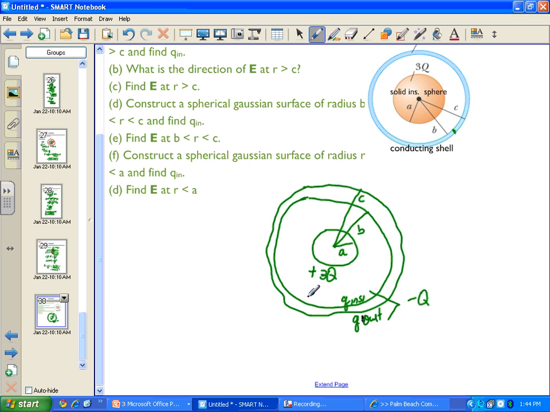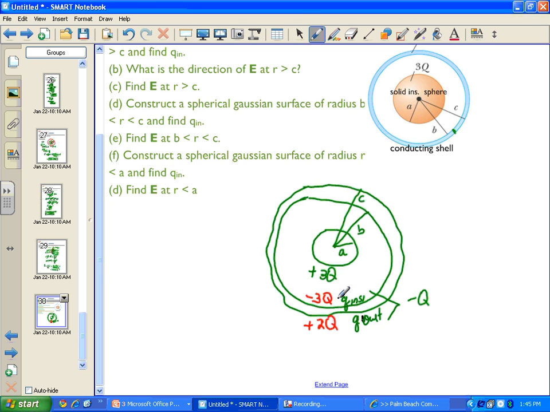Some of that charge will sit on the inner surface, and if you ask yourself how much, well, it's obvious that it would be minus 3Q because there is a positive 3Q sitting here. But the shell itself has a total of minus Q. So what must be sitting on the outside if the inner surface has a charge of minus 3Q?